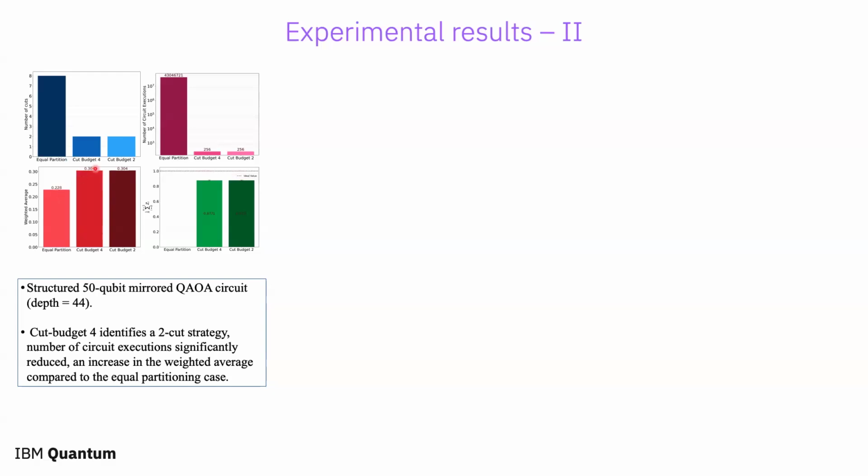But here we expect that the quality of result is going down somewhat because of this hardware inspired method, because there is a non-negligible increase in the weighted average. But here is a point. You couldn't even use circuit cutting if you don't play this kind of trick here, because this is like an absurd number of circuit executions.